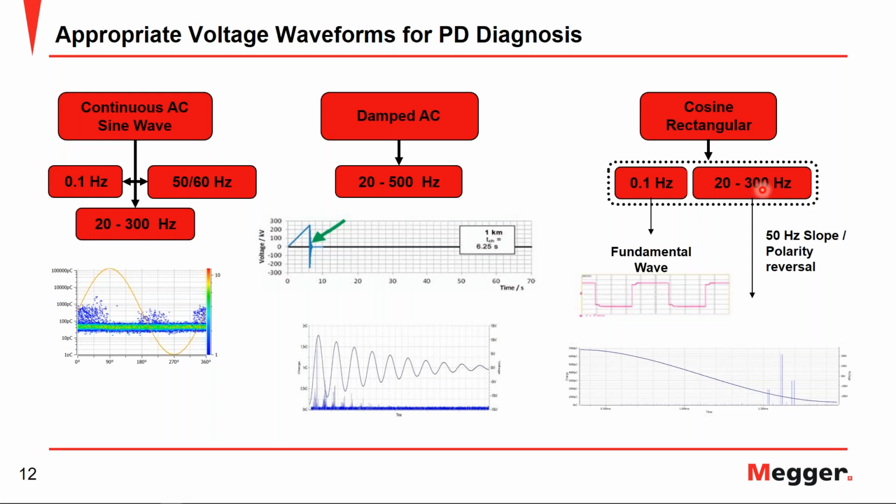You'll come up with a frequency that's representative of power frequency. That's the same way the damped AC works as well. You have a DC power supply that charges up to your desired voltage, and then depending on the inductance of the unit and the capacitance of the cable, you come up with the frequency of that wave.